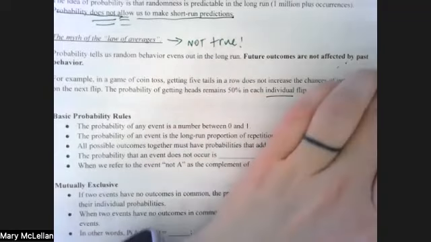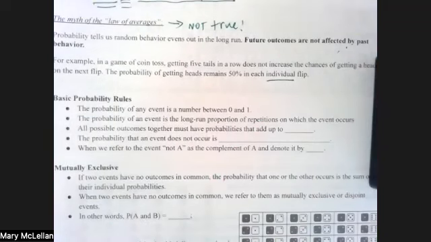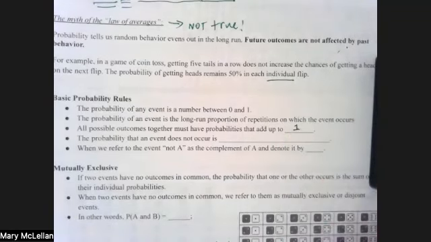Okay, basic probability rules. The probability of any event is a number between 0 and 1, as we've said. The probability of an event is the long run proportion of repetitions on which the event occurs. All possible outcomes together must have probabilities that add up to 1, and that's because you're sure something's going to happen.